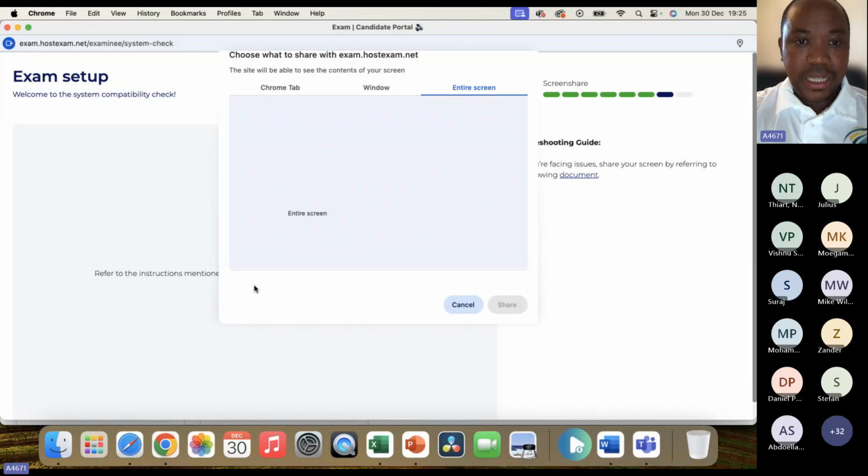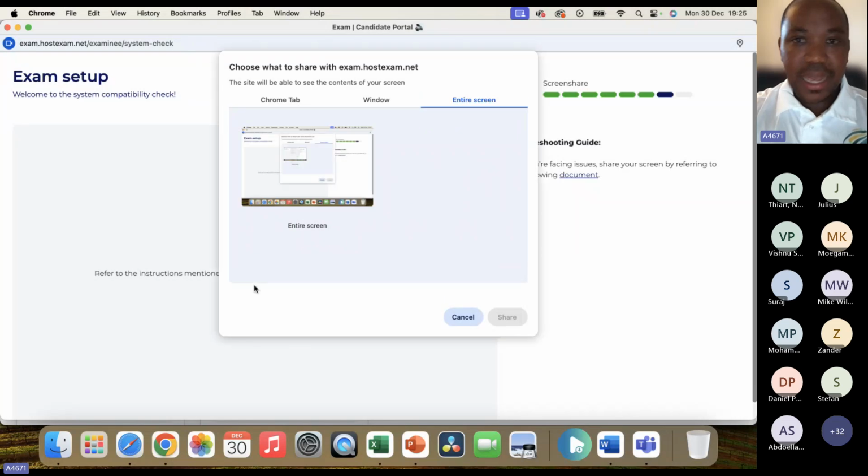So I need to click on share screen. And yes, we're going to share the entire screen. And I'm going to click on the entire screen option, and I'm going to share. And please make sure that you're not sharing your Chrome tab, you're not sharing your Chrome window, you're sharing your entire screen. And then I click on share.